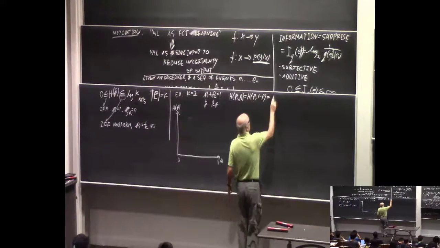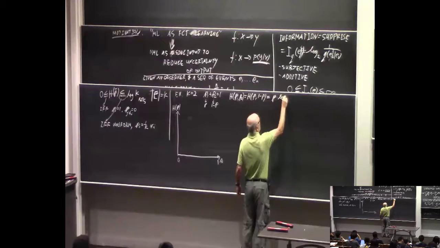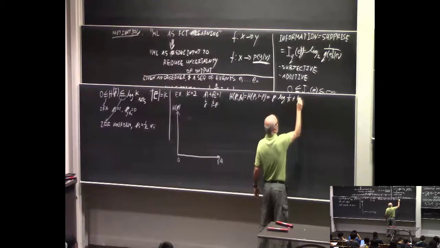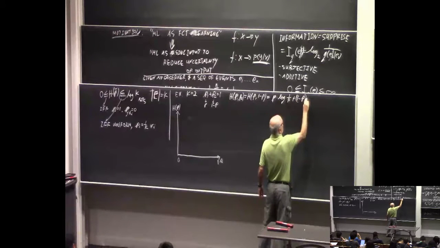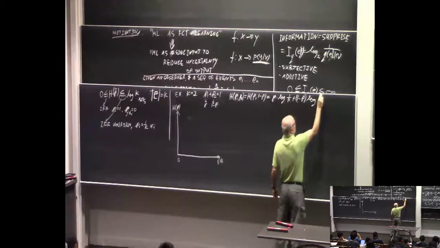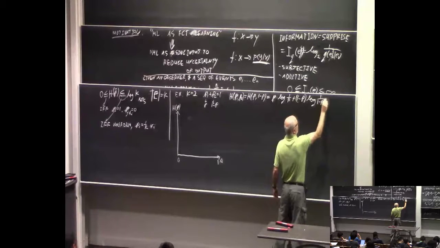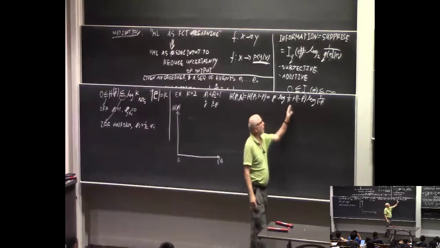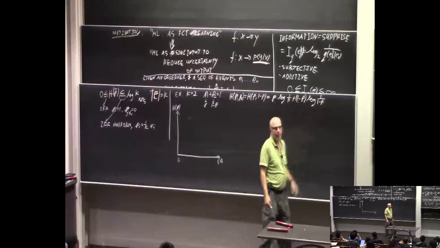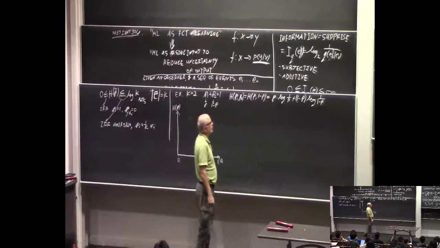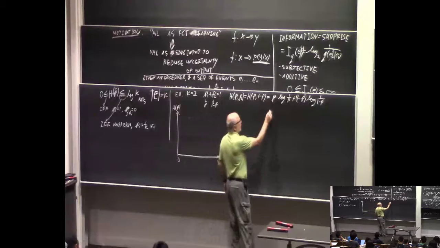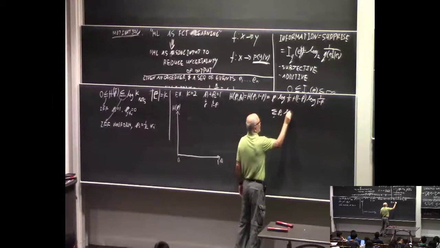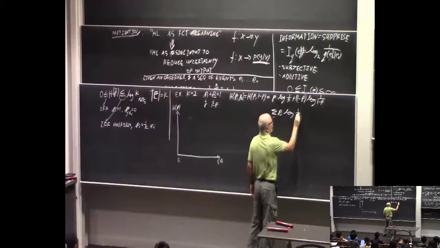So this is P times log of 1 over P plus 1 minus P times log of 1 over 1 minus P. If you want, you can put P1 here and replace this with P2. The general case would be sum over i of Pi log of 1 over Pi.